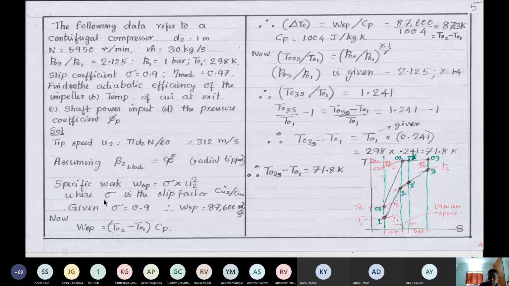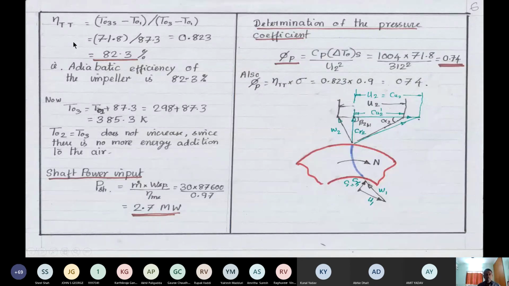Now from the previous equation, finally we get T03S minus T01. So I can calculate total efficiency, which is equal to (T03S minus T01) divided by (T03 minus T01), that is, delta T0S divided by delta T0. When I substitute the values, I get an efficiency of 82.3%.